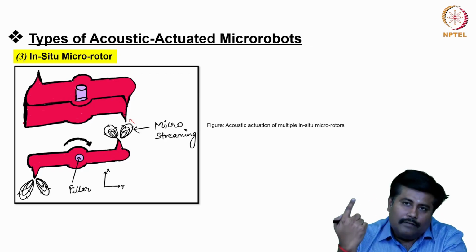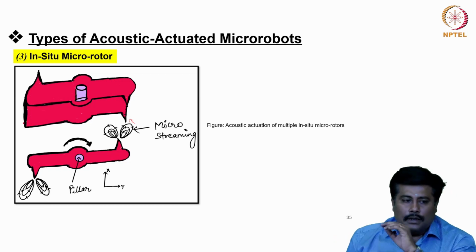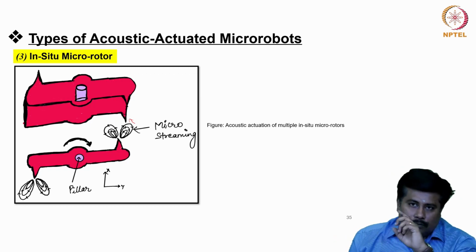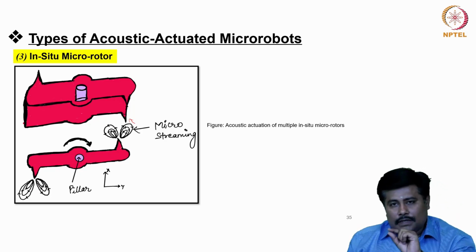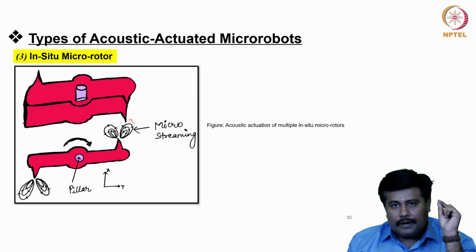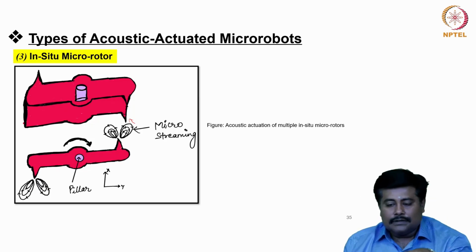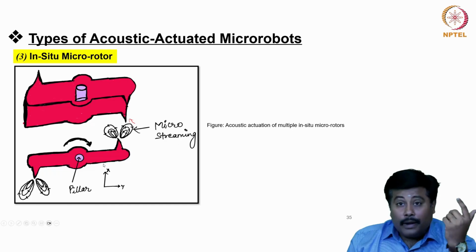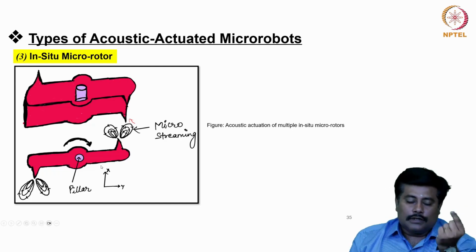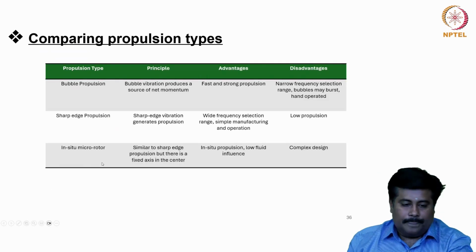This rotation will propel in an angular rotation form, and this can be used for targeted drug delivery, or in certain cases for micro rotation, or vortex generation can also be created using such structures.